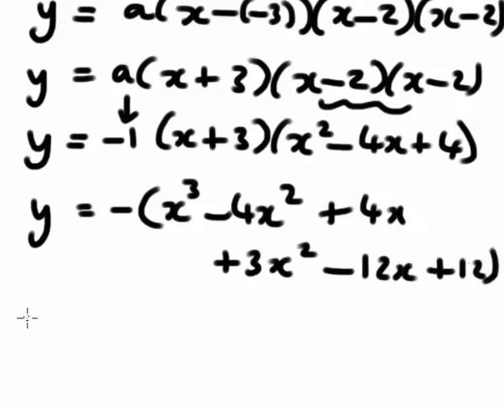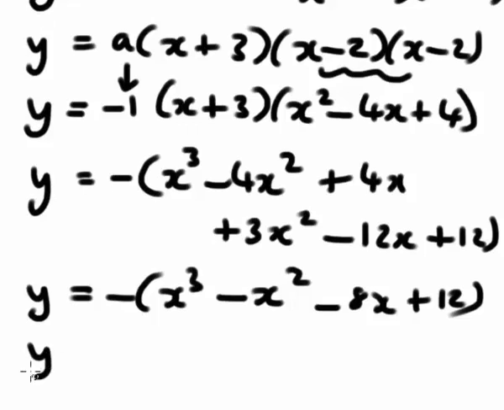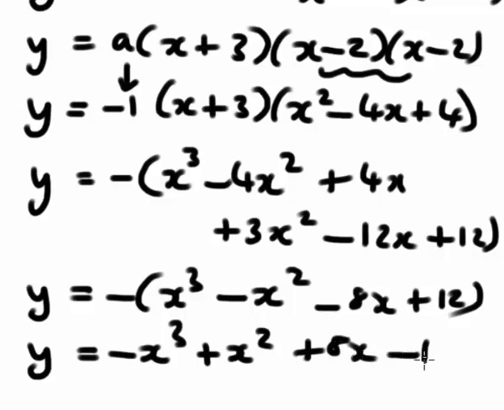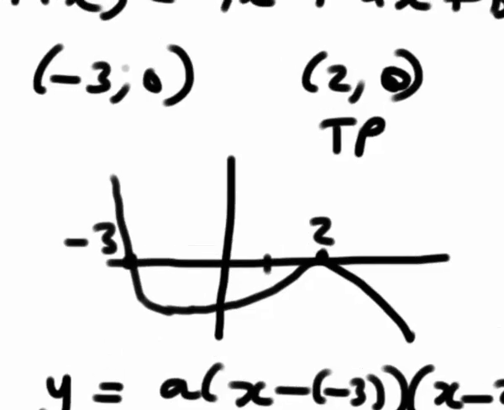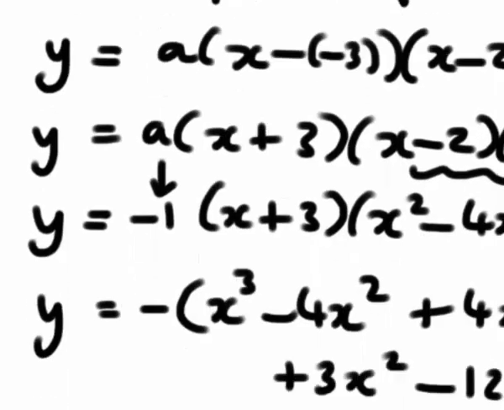If we tidy that up, we get negative x cubed minus x squared minus 8x plus 12, and then multiply out, minus x cubed plus x squared plus 8x minus 12, and there's your cubic equation. Very nice. So watch out, there's a repeat at the moment. You've got a turning point and an x-intercept that's the same. It turns on the x-axis.